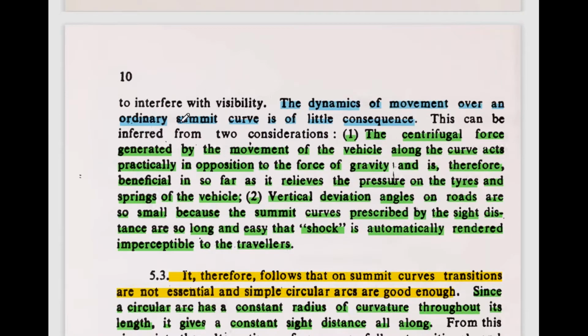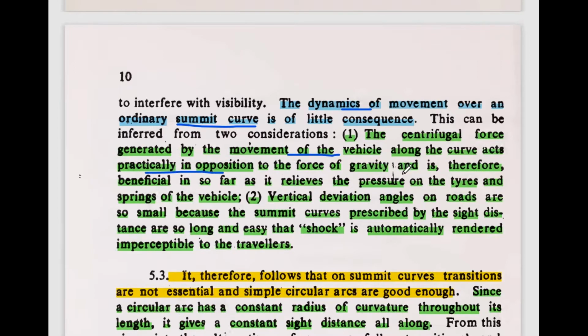The dynamics of the movement over an ordinary summit curve is of little consequence. So here they have mentioned the dynamics of the summit curve. The first one is the centrifugal force generated by the movement of the vehicle along the curve acts practically in opposition to the force of gravity and is beneficial insofar as it relieves the pressure on the tires and the springs of the vehicle.